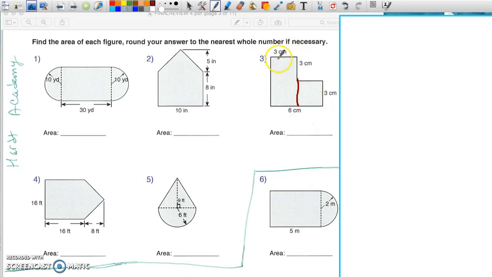And this will be 3 by, ooh, how tall is this? Well, I know that this much is 3. So all the way up to here is 3. And that means all the way down to here is 3. So how much is this entire side? 6. So I have 3 by 6 for this.